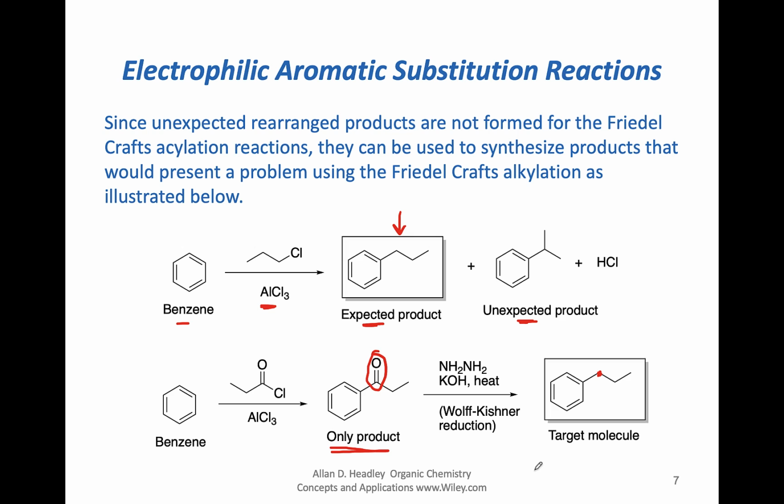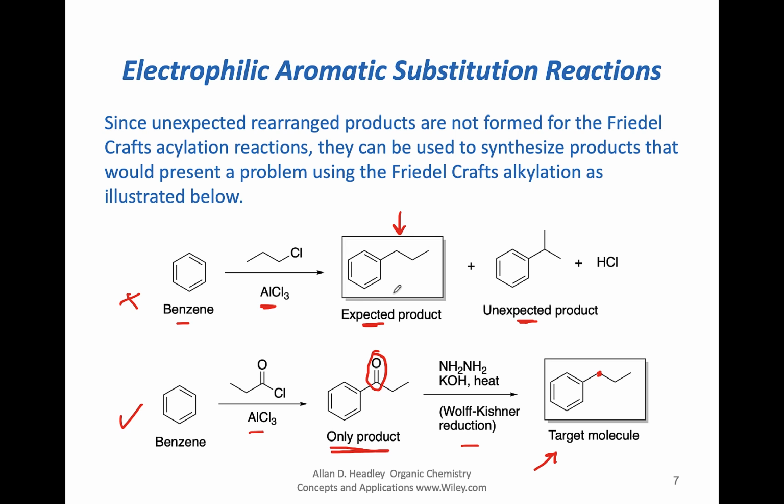So here we've made this practically 100%, or pretty close to 100%, by this route, using the acylation followed by a reduction, compared to this route here, which is not a good route for making that product.